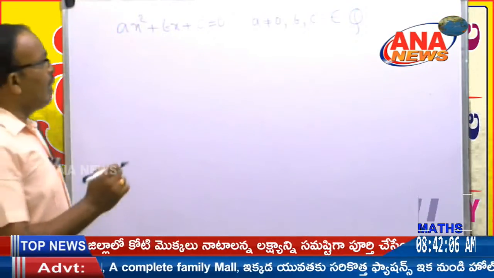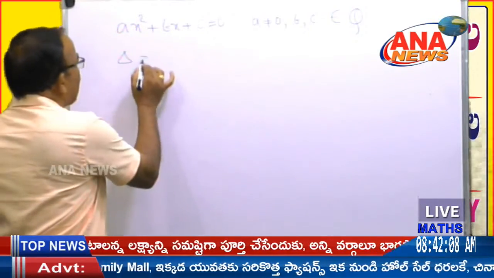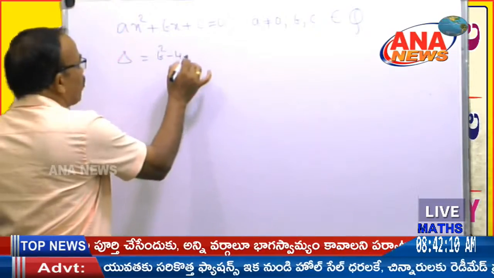Now, what is delta? Delta is equal to b square minus 4ac.